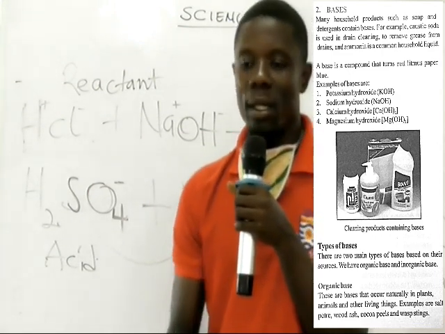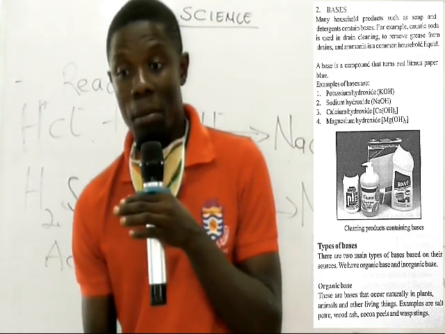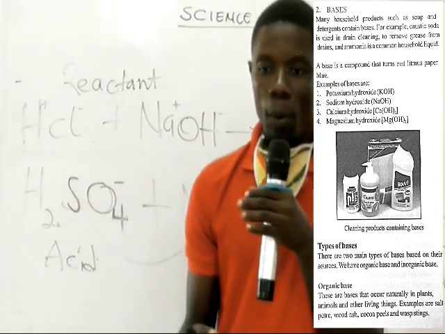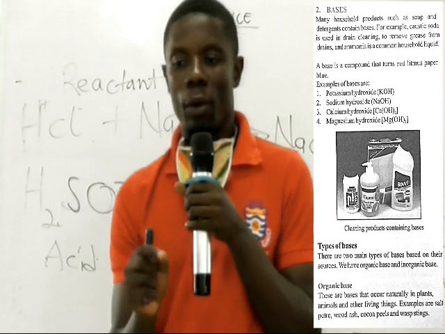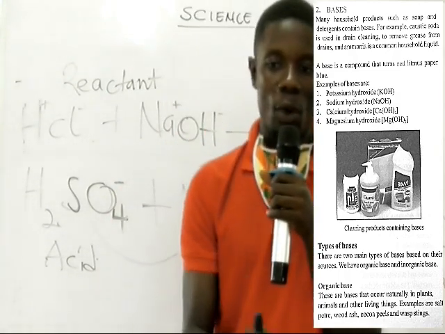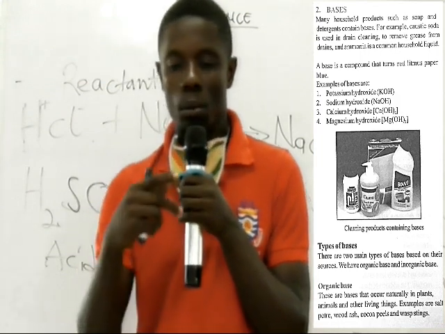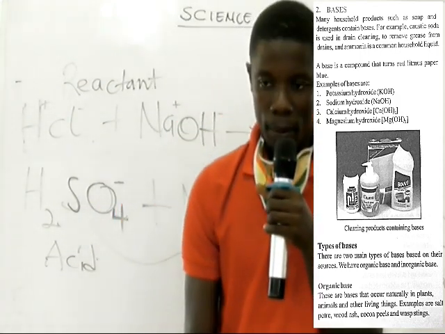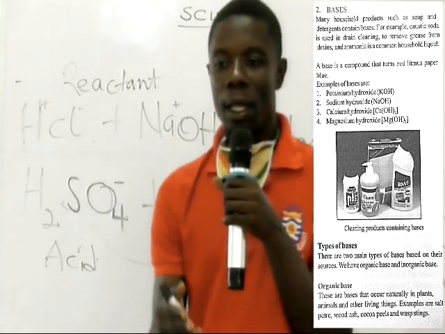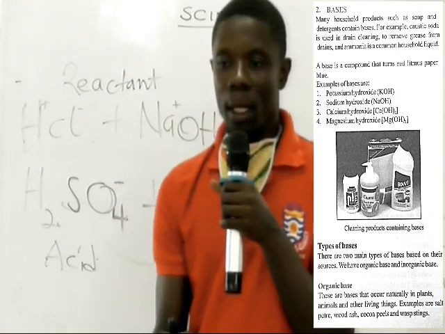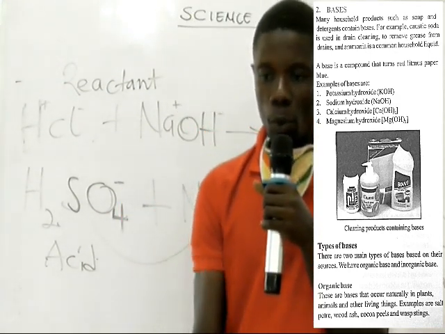So this one too is simple. If you are told to define base, I hope you can get the definition of a base from the definition of an acid. Because an acid is a compound that turns blue litmus paper red, a base is a compound that turns red litmus paper blue.